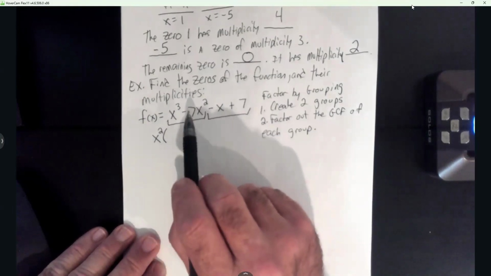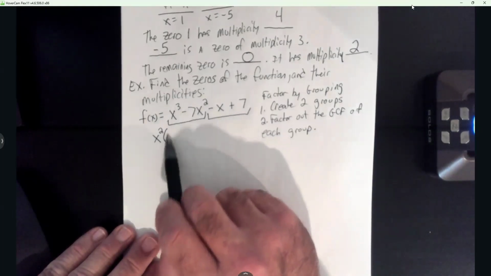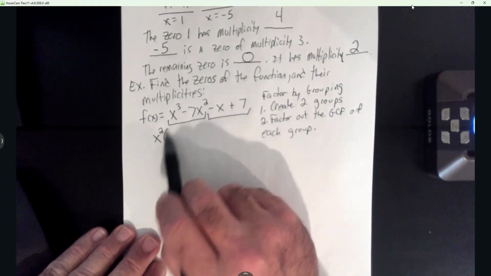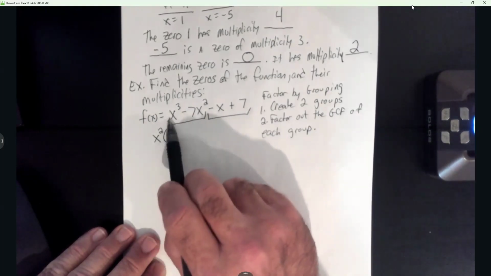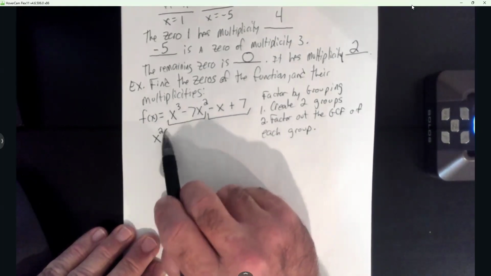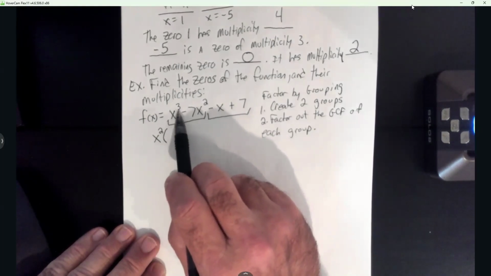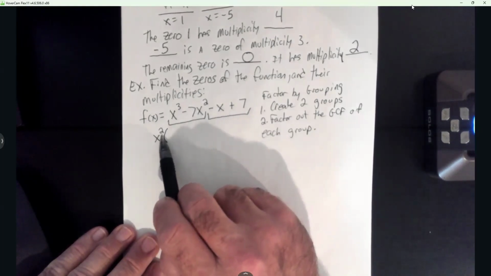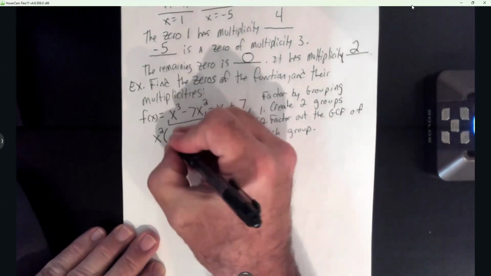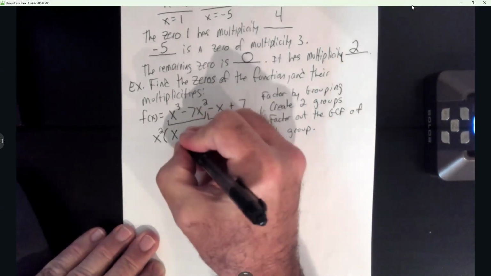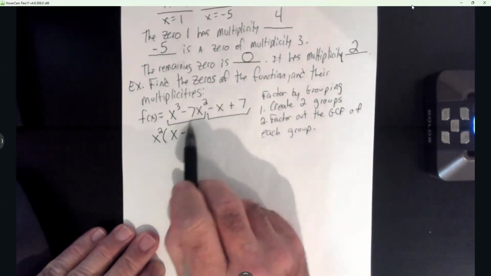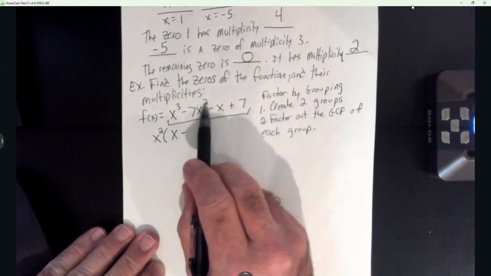All right, y'all, so let me show you. When you're dividing variables with exponents, you're basically subtracting the exponents. So an x to the third divided by x squared is just going to leave you an x. And then minus, I have a 7x squared.